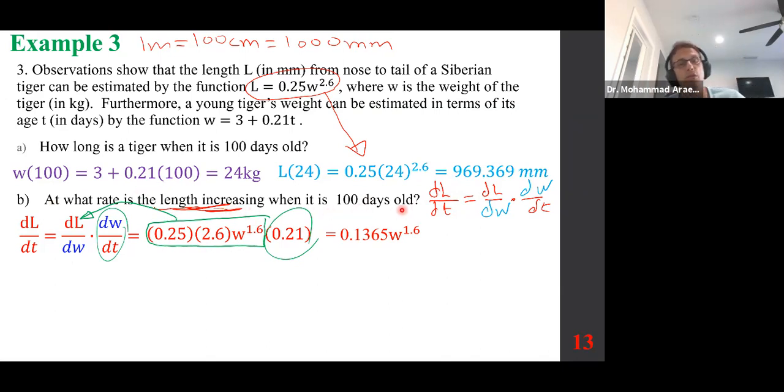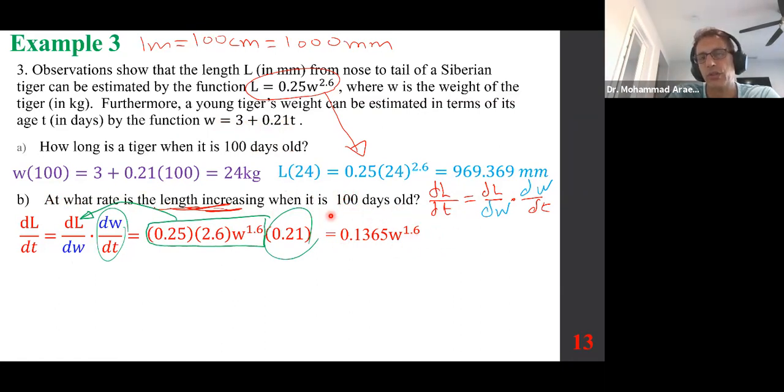Okay, there are two ways to do this, class. Number one, you can change the W to 3 plus 0.21t and then plug in 100. Because if you want to find this as a function of time, you have to replace it. However, since it's a simple evaluation, replace the t with 100. This doesn't have any t.